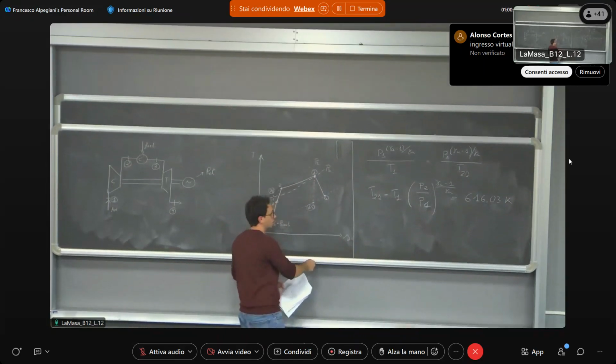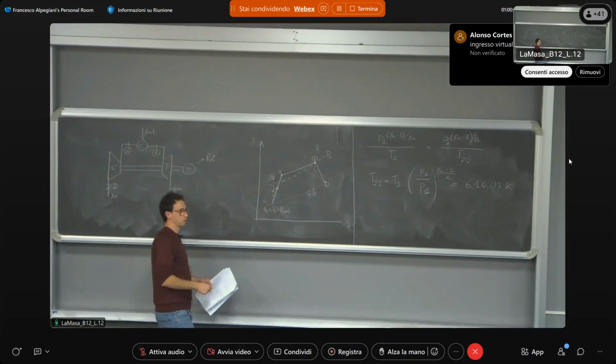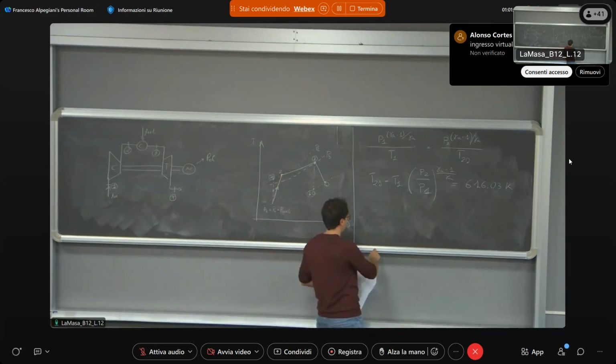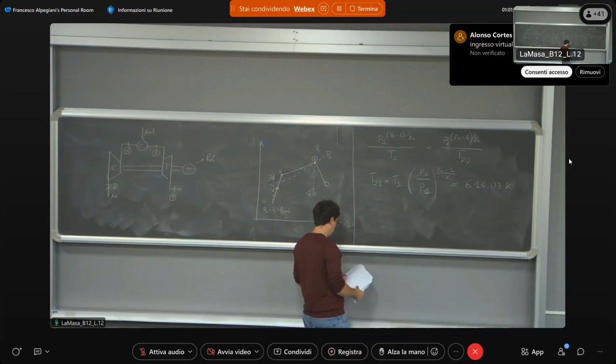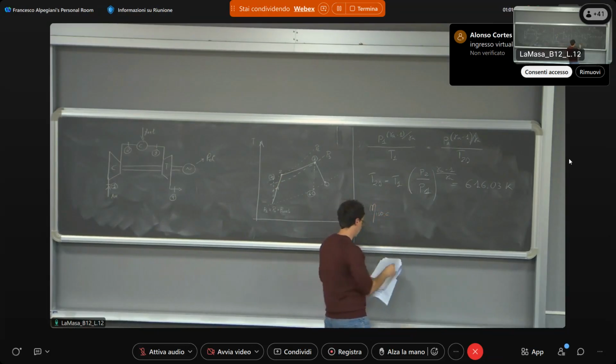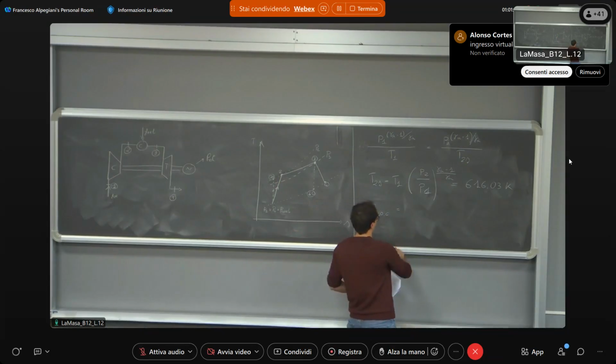Then, what we want to know is the real temperature, so the exit of the real compression. And to find it, we can exploit the definition of isentropic efficiency. So the isentropic efficiency of the compressor is defined as the ratio between the ideal work of the compressor, so in case of an ideal compression, divided by the real work that we have.